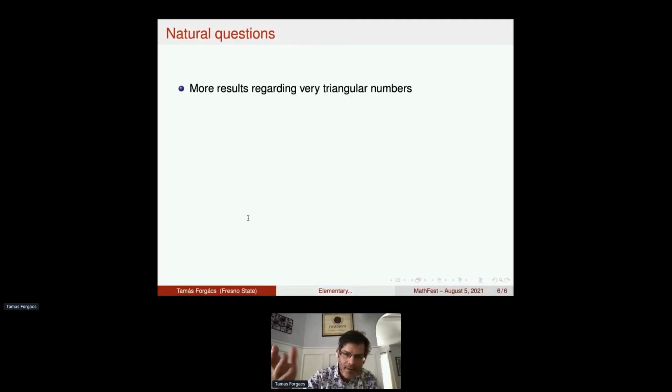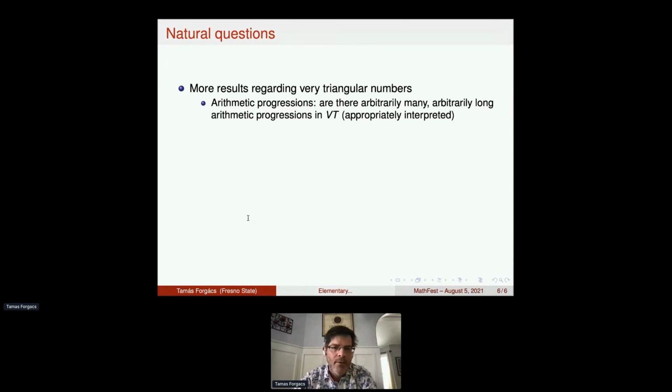Okay, so of course, what we would like to know is whether or not it is true that there are many arbitrarily long arithmetic progressions in the set of very triangular numbers.